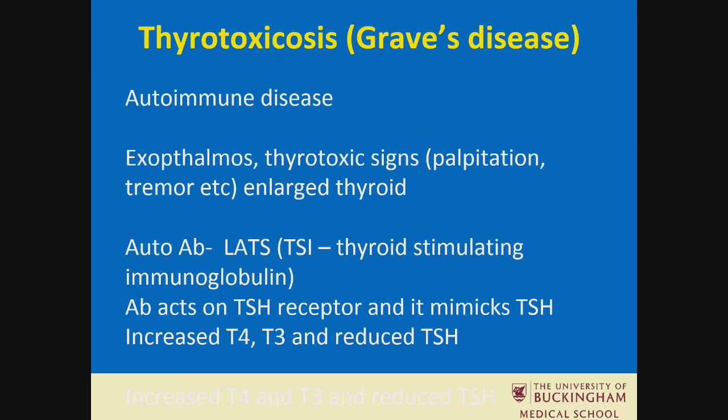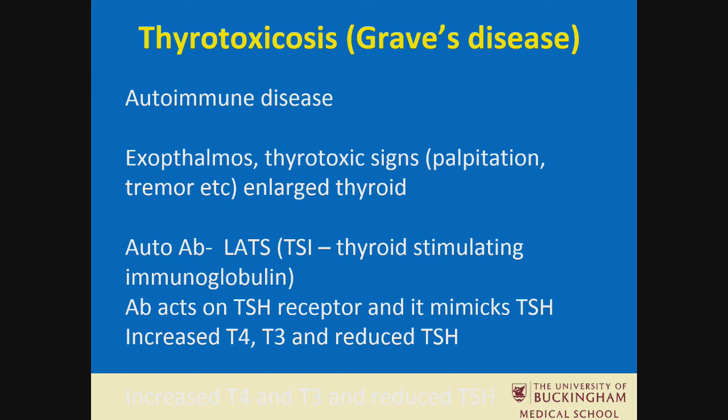It is an autoimmune disease. The autoantibody is LATS, or long-acting thyroid stimulator, which is the same as thyroid stimulating immunoglobulin. That's the new name for the same thing. It is an antibody that acts on the TSH receptor, and it acts like TSH.